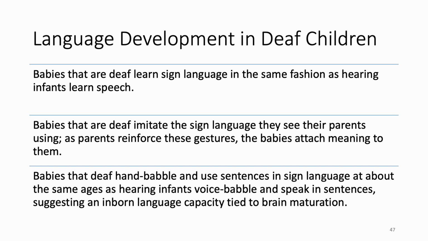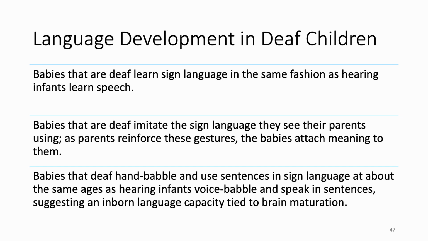Language also develops in deaf children in many of the same ways it develops in hearing children. Babies that are deaf learn sign language in the same fashion as hearing infants learn speech. Babies that are deaf imitate sign language they see their parents using. As parents reinforce these gestures, the babies attach meaning to them.